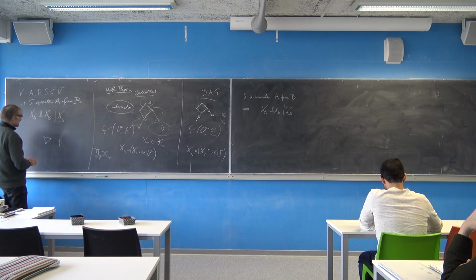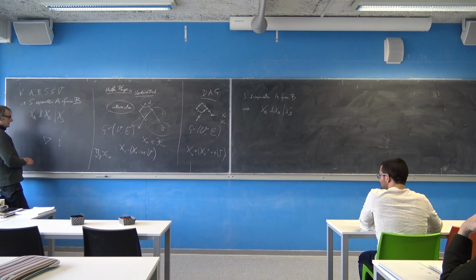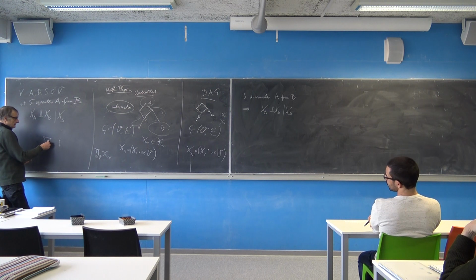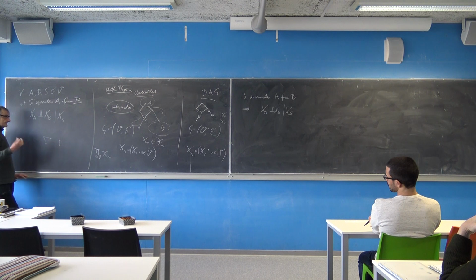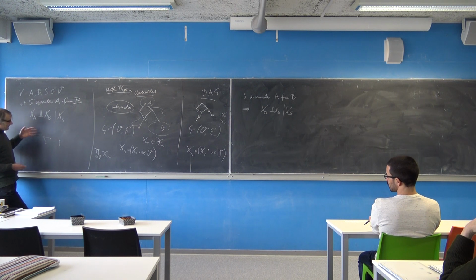It's very good to do some little examples. Now if I erase this edge here, that's a different graph, same variables, a different class of probability distributions. Because now, if I condition on the set containing just this one single vertex, it does lots of separations.